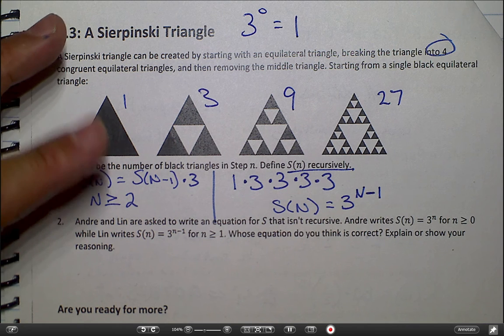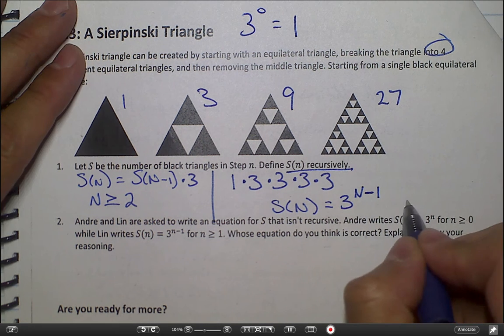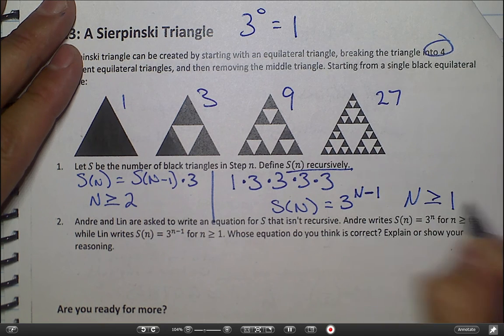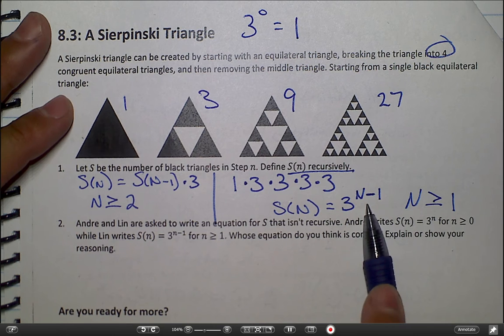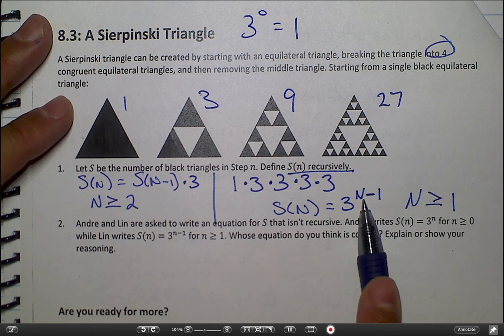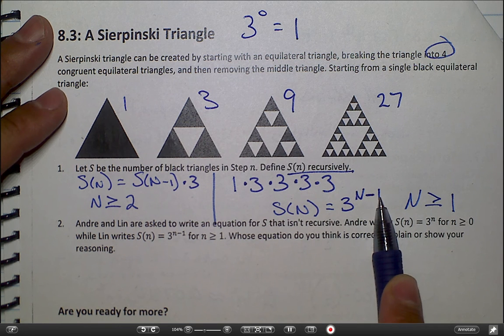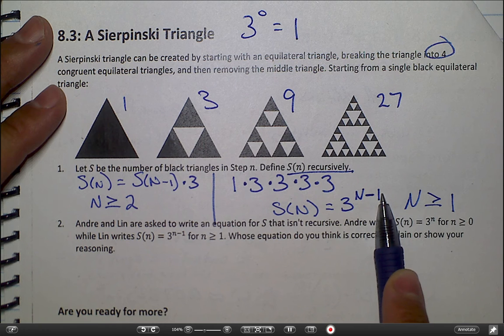So let's define our n's. In this case, n has to be greater than or equal to 1. Watch this, there's a reason for that. On my first term, 1 minus 1 is 0. 3 to the 0 power is 1.